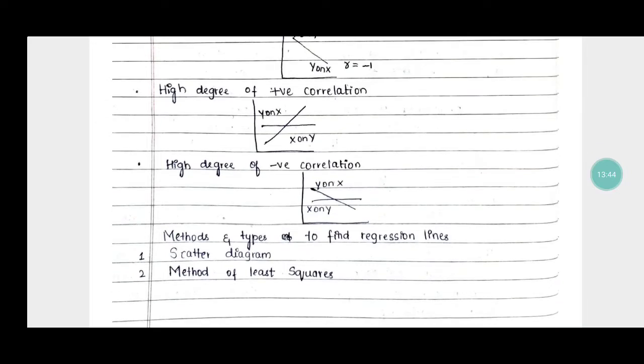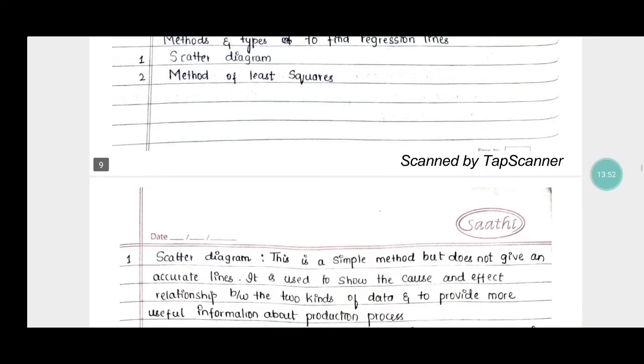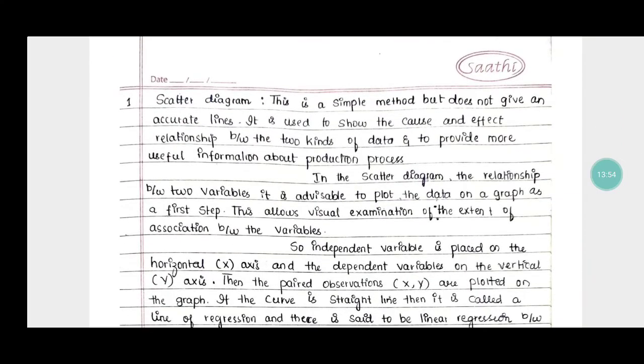So the methods to find the regression lines are the scatter diagram and the method of least squares. The scatter diagram is a simple method but does not give accurate lines.